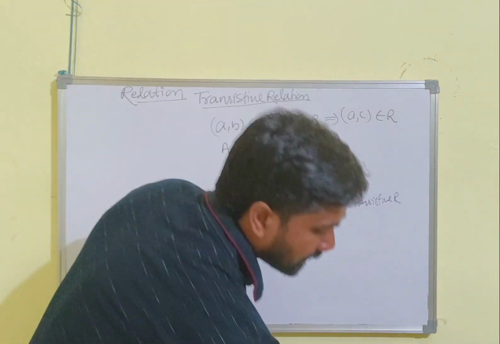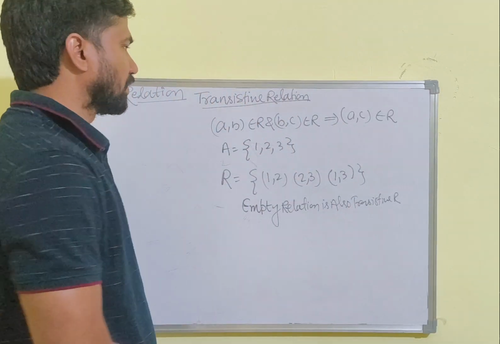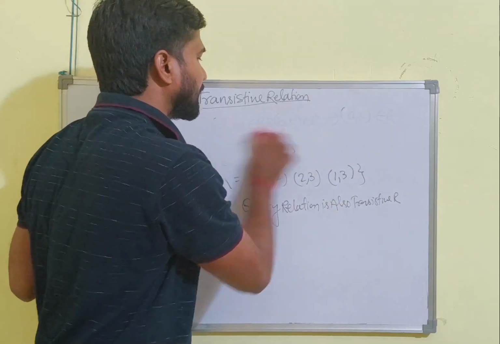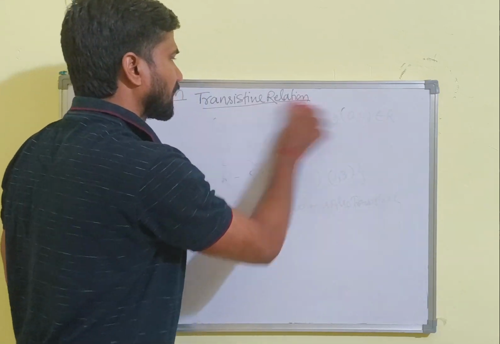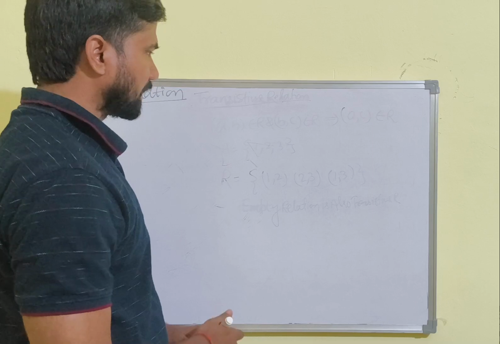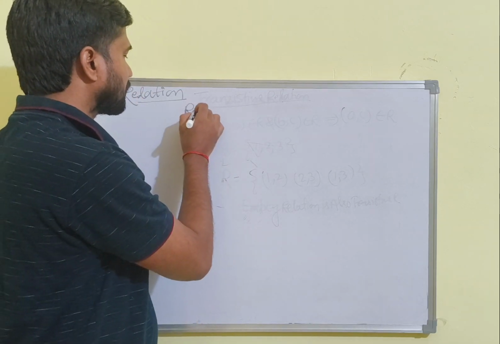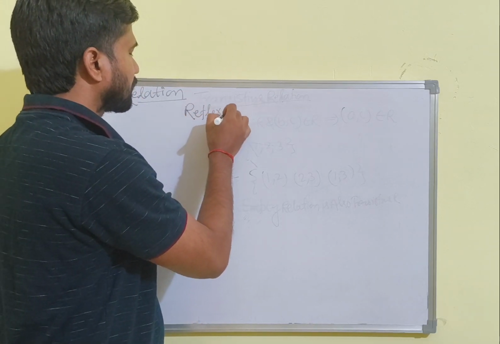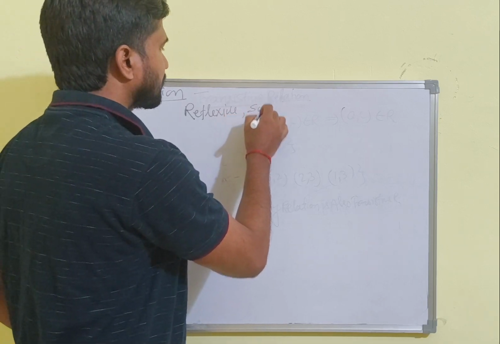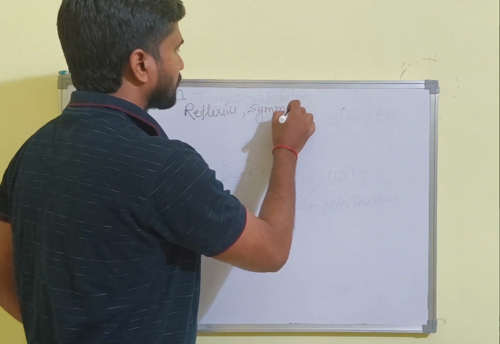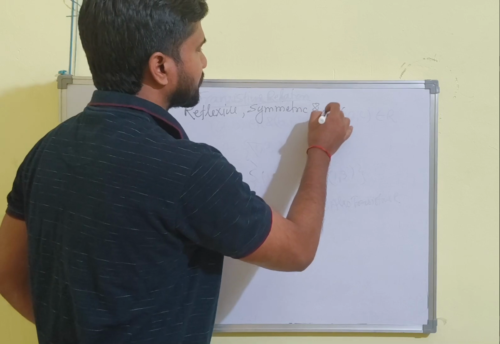Now we have learned all three types of relation. What are they? Reflexive, symmetric, and transitive.